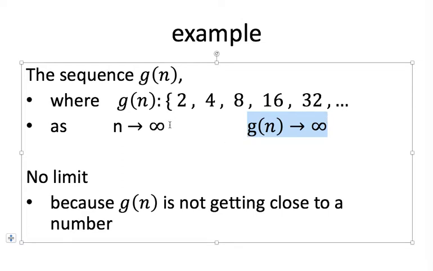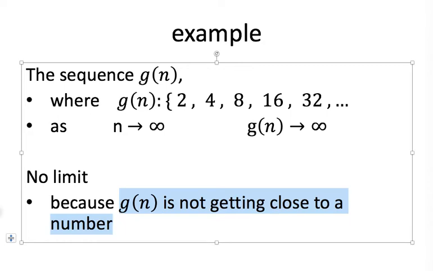Or as the numbers keep on going, g of n just keeps on getting bigger and bigger and bigger as well. And because g of n is not getting close to a number, g of n does not have a limit.